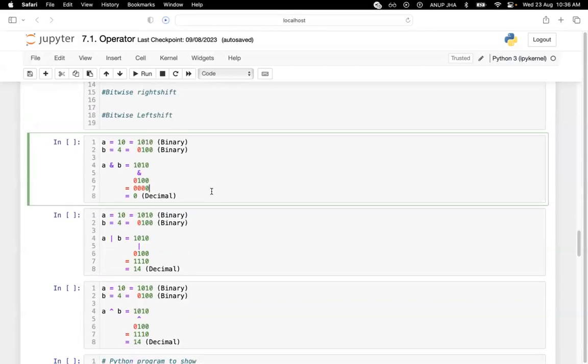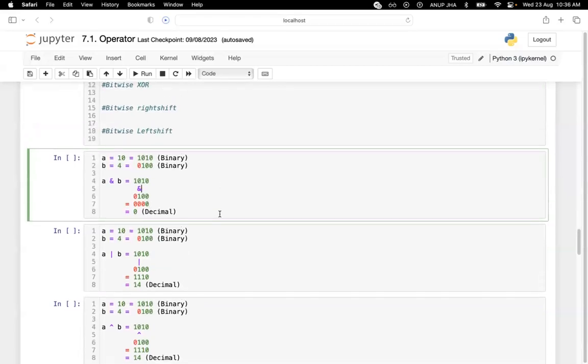Before understanding the bitwise operator, do you guys know how programs and everything in the programming world work? Whatever value I provide, the interpreter converts it into something else, and finally it converts the value into either 0 or 1.